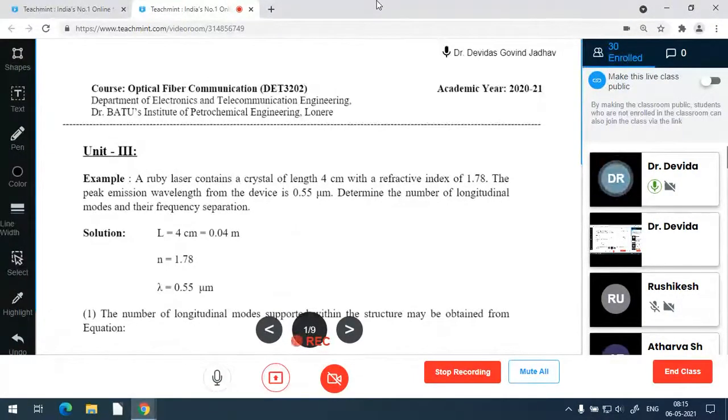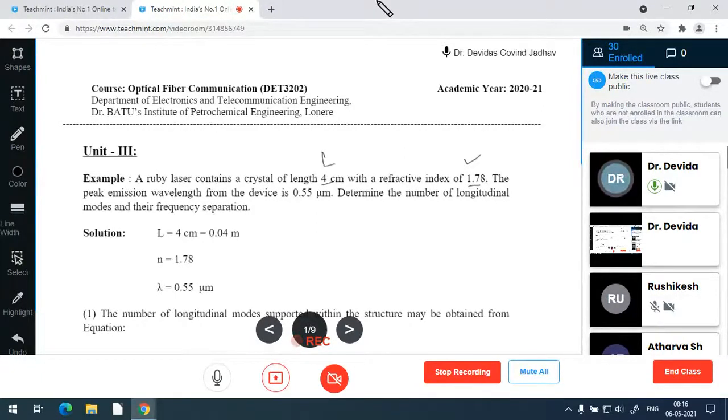So, okay, this is the Unit 3 problem. Let us take the first problem. The ruby laser contains a crystal of length L, the length of the laser Fabry-Perot cavity, refractive index N as 1.78.